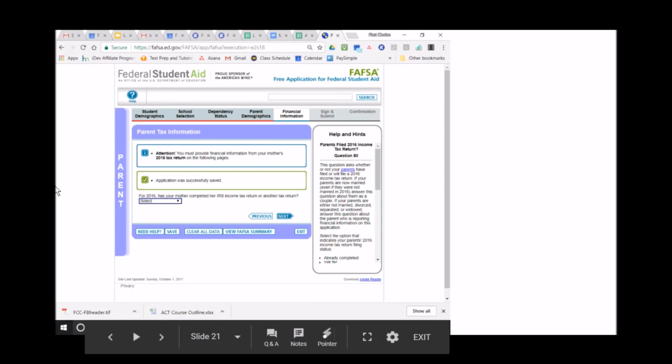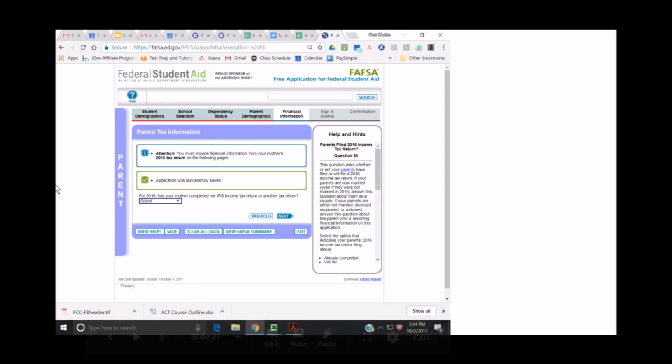And now they're asking here about the parents' tax information. And so we are using the 2016 tax return. It's a completed tax return, which makes this much easier than it used to be when you had to estimate, but you can also link it right to your tax return.